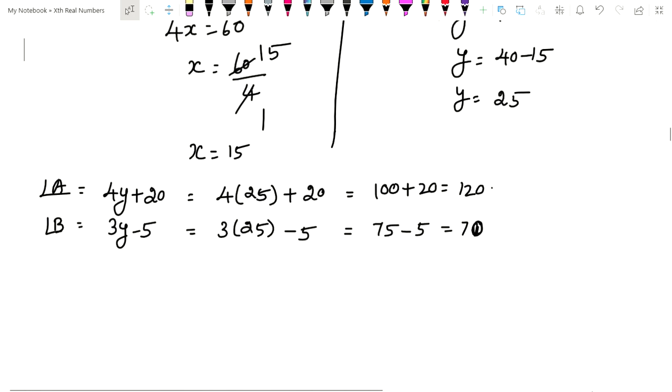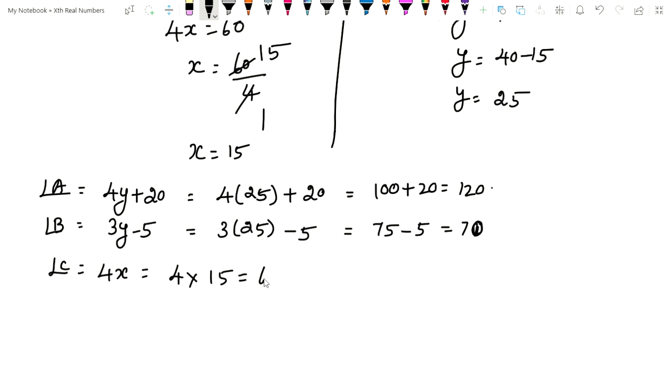Okay, and next is C. Angle C equal to 4x. 4 into 15 equal to 60. Angle D equal to 7x plus 5.